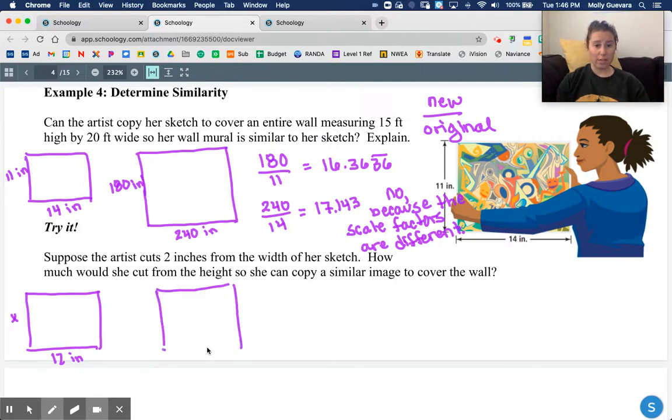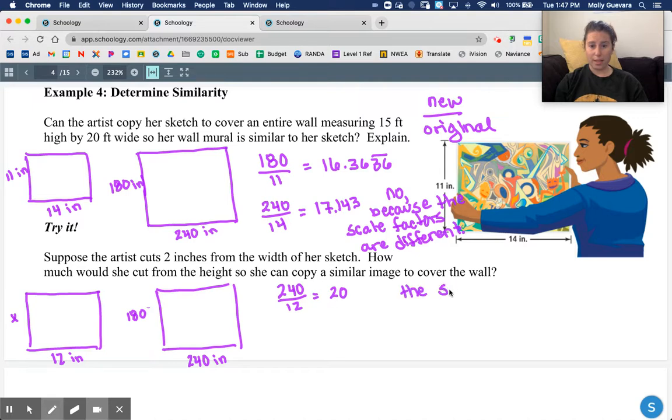So again, here's the wall, right? This is 240 inches, and this is 180. I don't know why I just put degrees. That's funny. Okay, so I want to know what is the scale factor then, right? So if I do my new side, 240 divided by 12, I get 20. So it has a scale factor of 20, right?